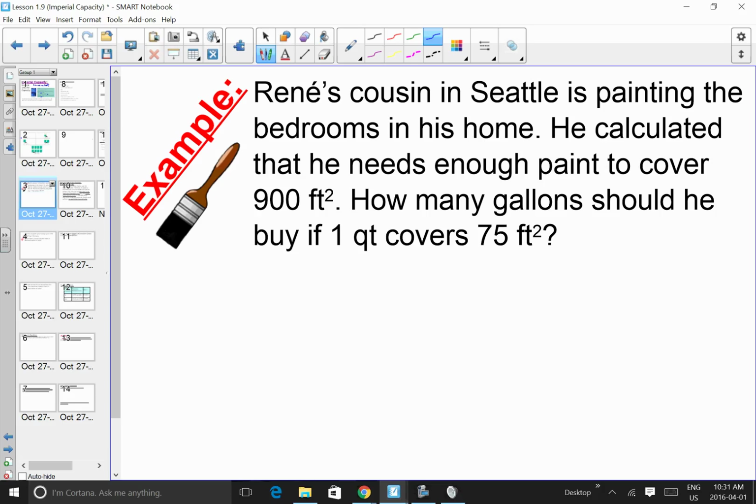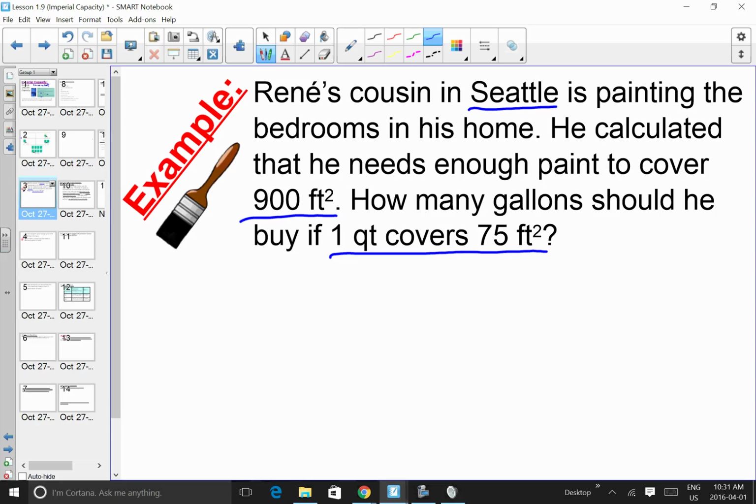So let's do a quick little math question here. Renee's cousin in Seattle, we mentioned Seattle to tell you that it's in the States, is painting the bedroom in his home. He calculated that he needs enough paint to cover 900 square feet. How many gallons should he buy if 1 quart covers 75 square feet?